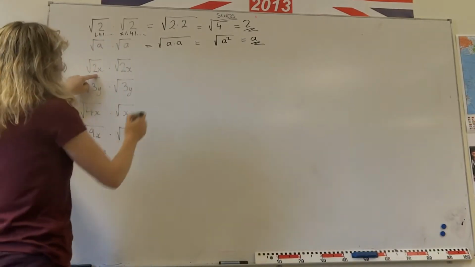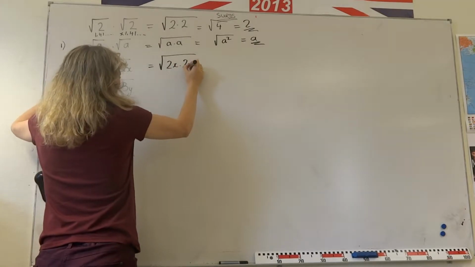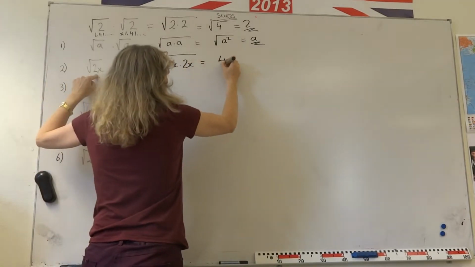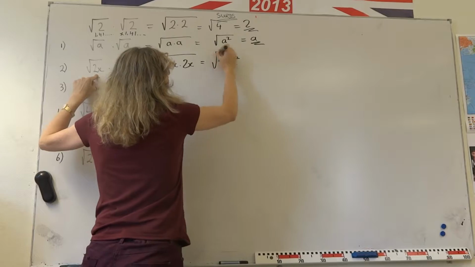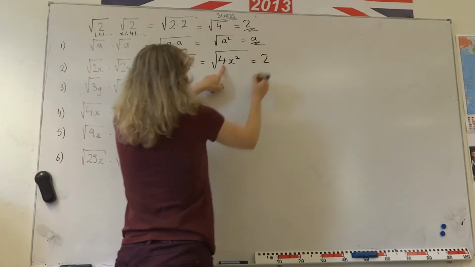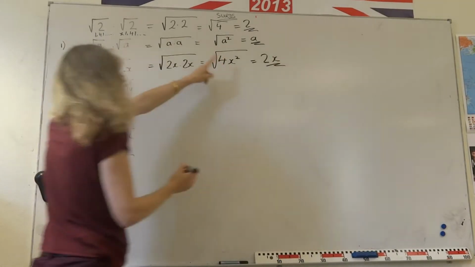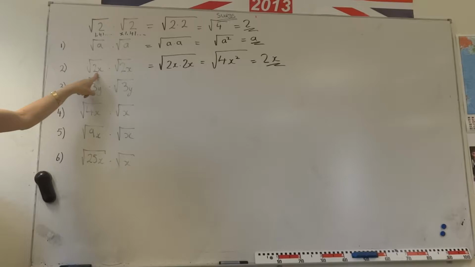The square root of 2x times 2x can be written as the square root of 4x squared. But the square root of 4 is 2, and the square root of x squared is x. So you see, I get back to what I had in my original question.